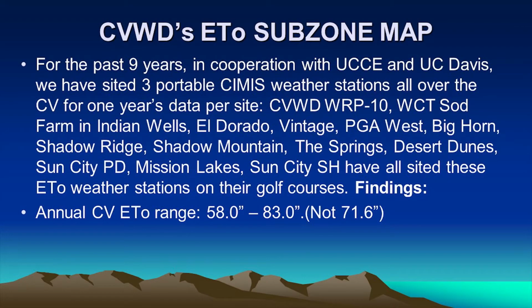And instead of the average being 71.6, in some areas, up towards Bighorn, you only need 58 inches in a year's time. Out in the wind belt, actually Shadow Ridge, which is right across the street from Lowe's on Monterey, where the wind really blows there, 83 inches.